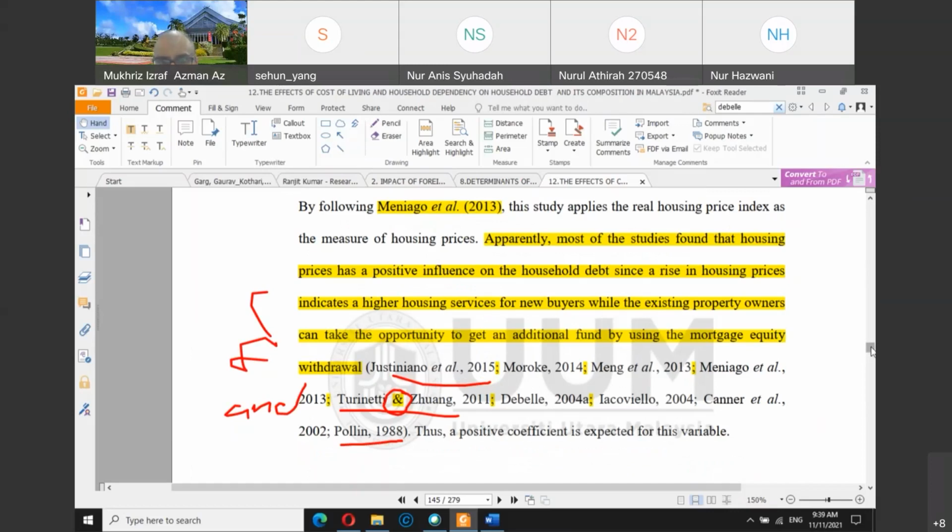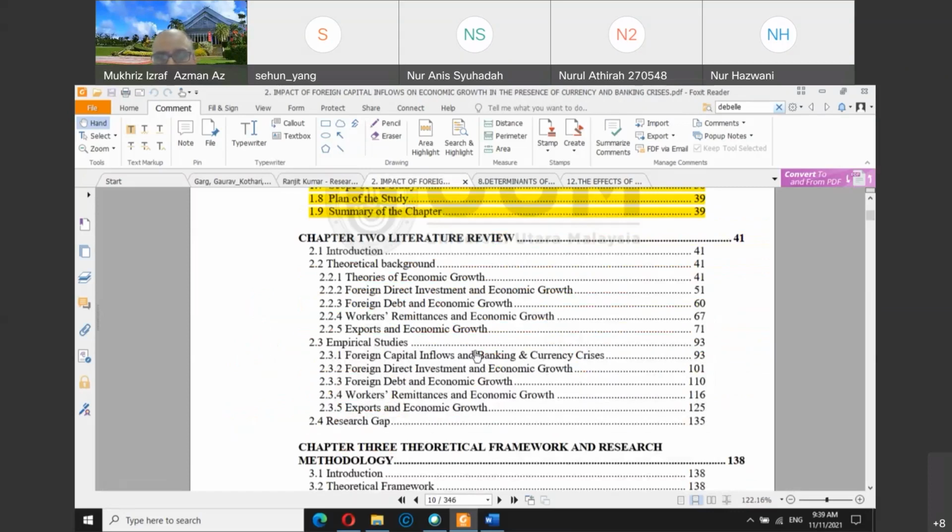Even in chapter 1 you need to begin citing, but not too many. Most of the citations will appear in chapter 2. Chapter 2 is where you display that you have read many articles that are relevant to your project.